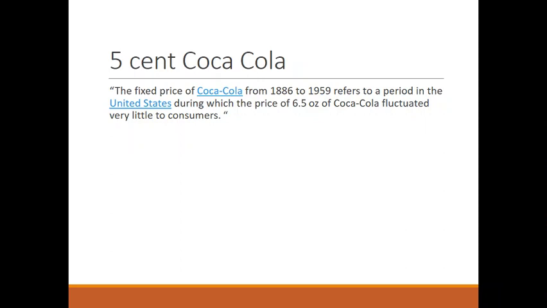At the time, the machines had trouble making change, and they were worried people would be confused by having to pay multiple coins to buy a pop. And so they actually lobbied the federal government, the mint, to issue a 7.5 cent coin, so that people could still pay with one coin to get their Coca-Cola. It would just be a 7.5 cent coin instead of a 5 cent coin.